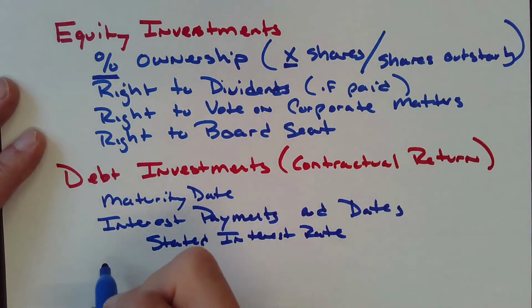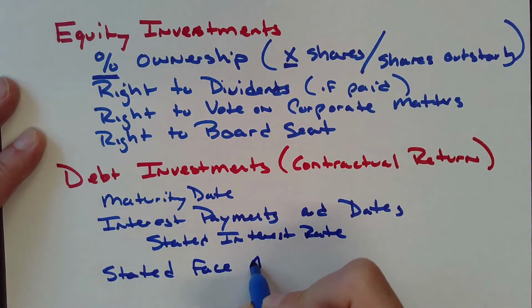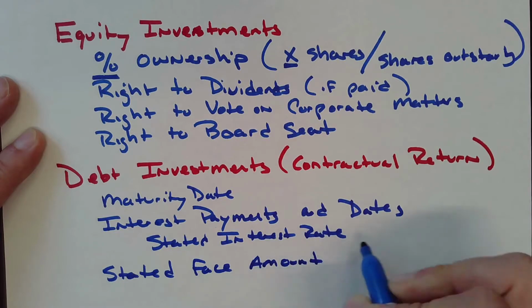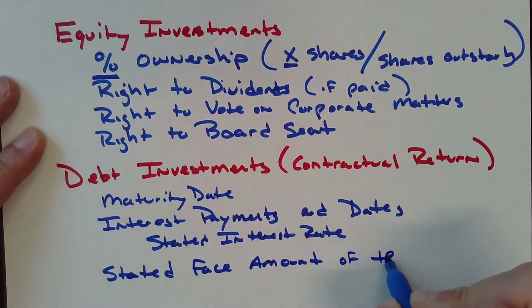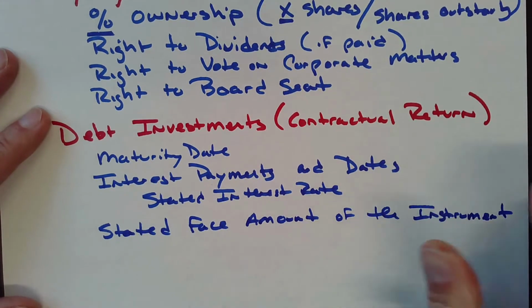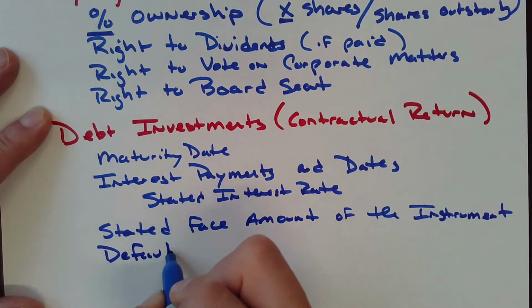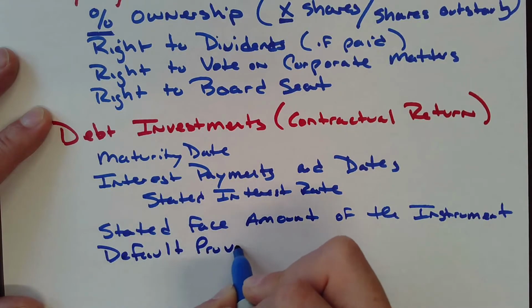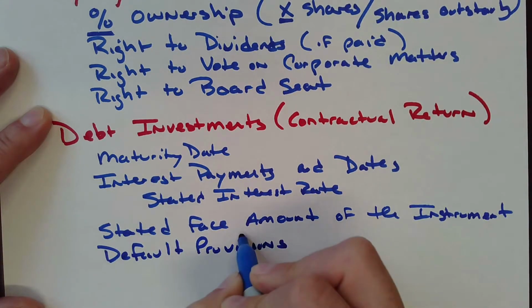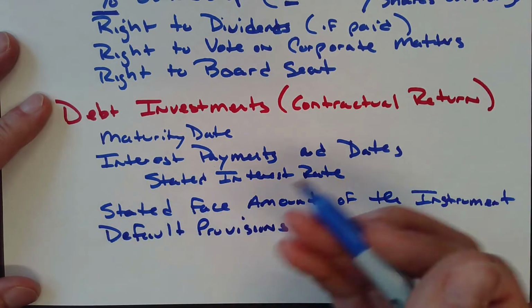On the maturity date, there's likely some stated face amount of the instrument. Right? There may be default provisions. There might be provisions for early termination.